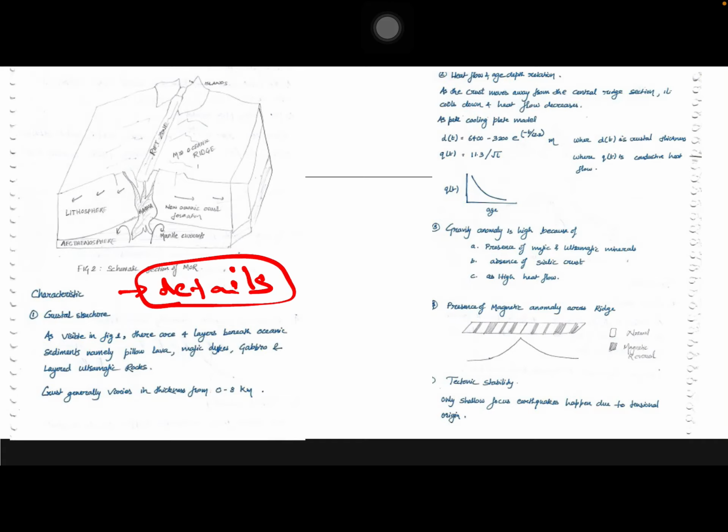For example, when you mention the characteristics of mid-oceanic ridges, you must mention terms like equations for heat flow, equations for depth and age relationship. You must mention gravity anomaly and include Bouguer anomaly and free air anomaly in the answer. Such details will make your answer the better answer. It will make your answer stand out.